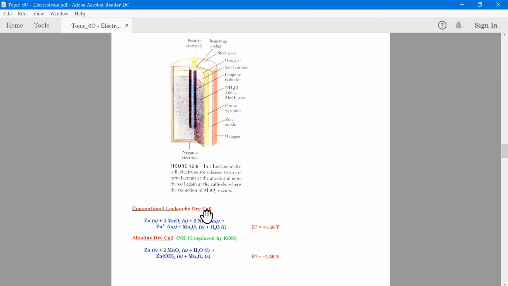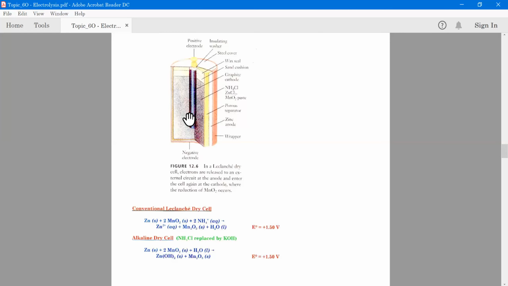The thing that conducts the electricity in and out is ammonium chloride. So the ammonium ions here essentially are what result in conducting the current through there. The ammonium chloride and the zinc chloride that forms from the oxidation of zinc. When the zinc goes from zinc to zinc 2+, there has to be an anion that goes with it.